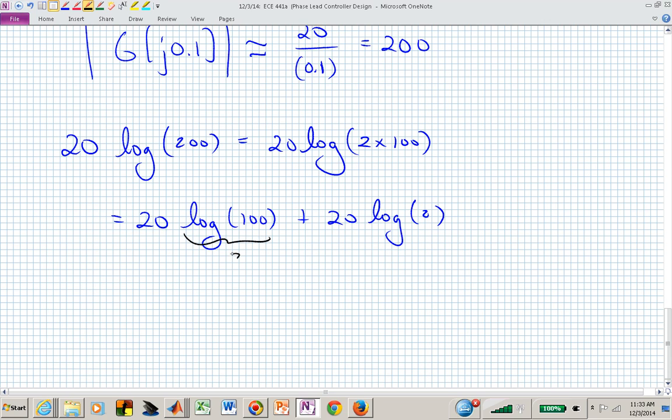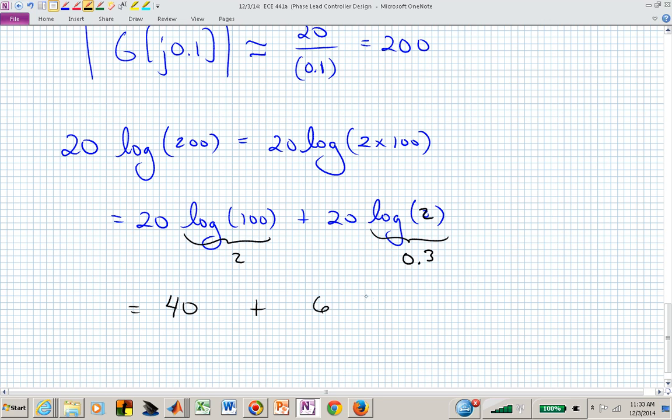Log of 100 is easy. That's just 2. The log of 2, that's this table that we might want to have listed. That's roughly 0.3. So that now we have 40 plus 30% of 20, which is 6.